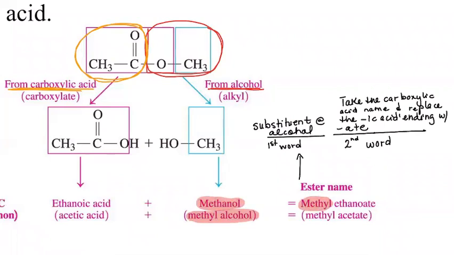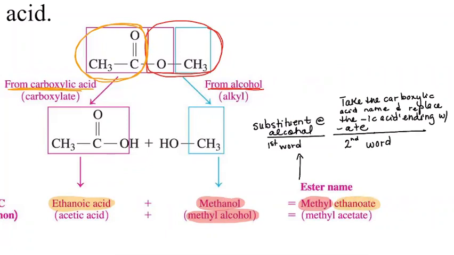When it comes to the second word, we had ethanoic acid; we remove the ic acid and put ATE. So that's where the word ethanoate comes from. In parentheses, you actually have the common name. But when it comes to test time, I'm going to test you on the IUPAC names for esters.